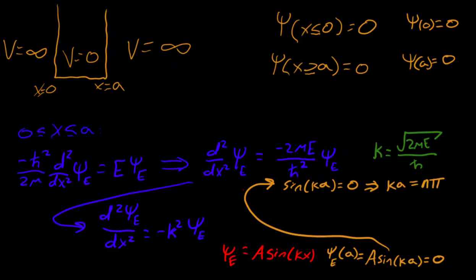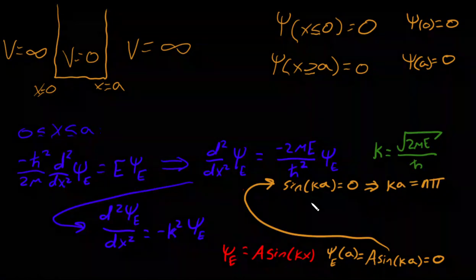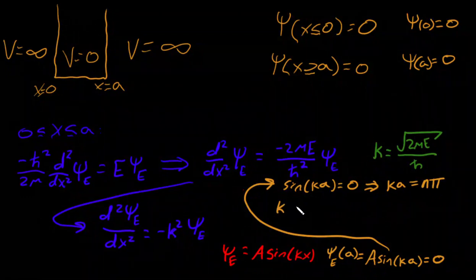And now we can rearrange this. We found actually a condition for k. So this means k equals n pi over a.